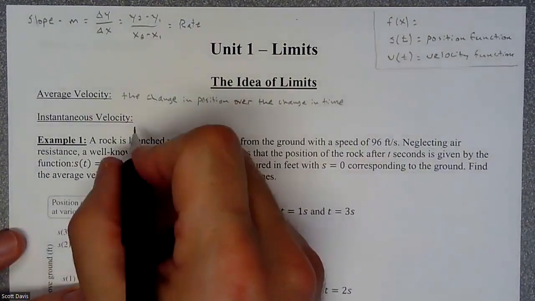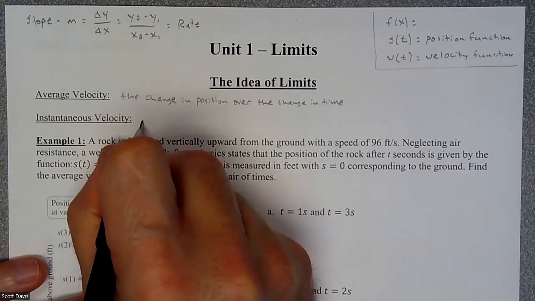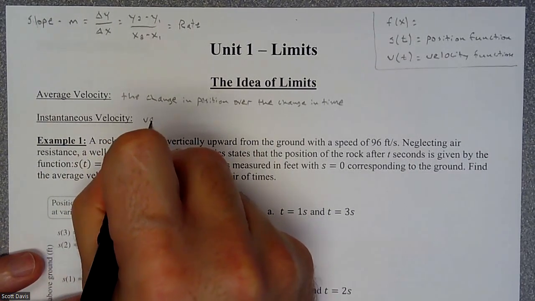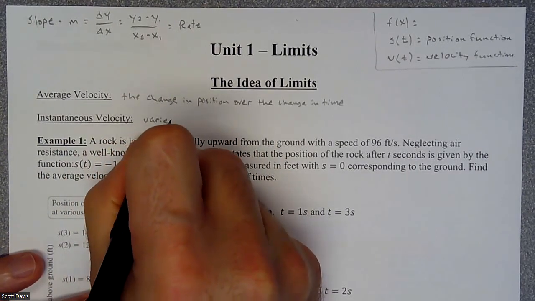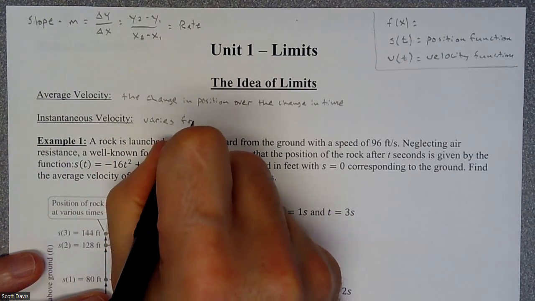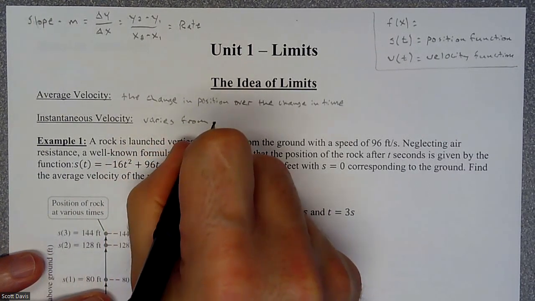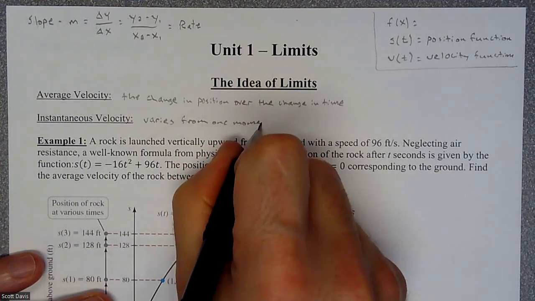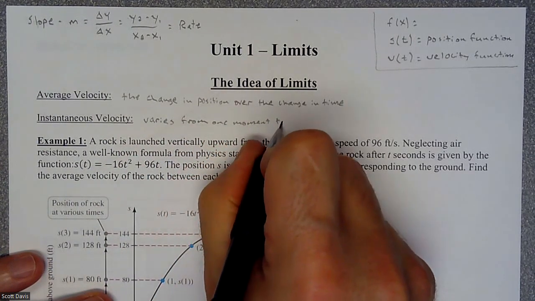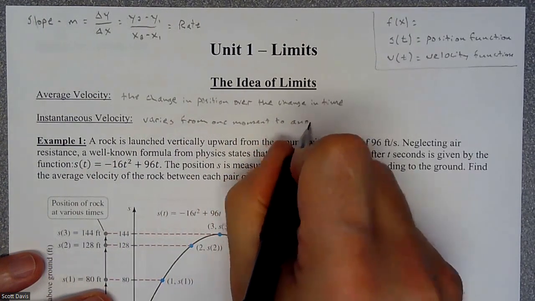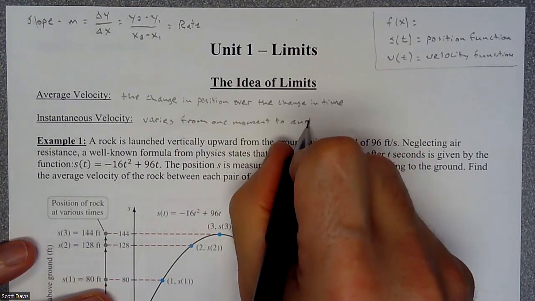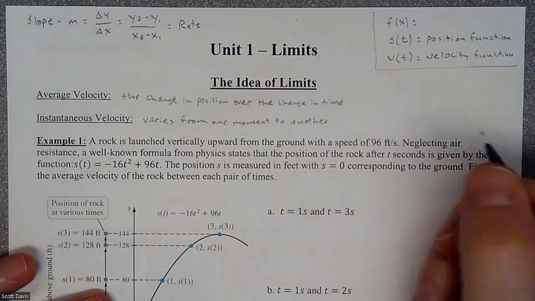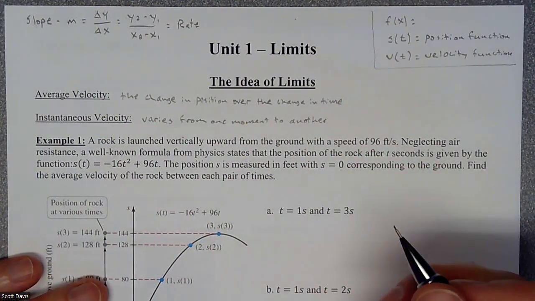That's a little bit different than the idea of instantaneous velocity, which varies from one moment to another. So if you apply the brakes, you don't have a constant stopping velocity. Every instant, it's a little bit different.